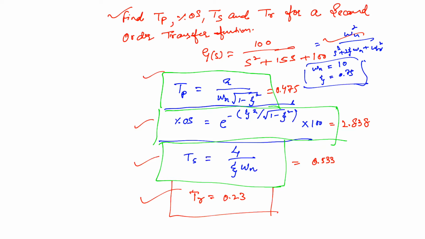This problem demonstrates that we can find the values of Tp, percentage overshoot, Ts and Tr without the task of taking an inverse Laplace transform, plotting the output response and taking measurements from the plot. So it saves a lot of time.